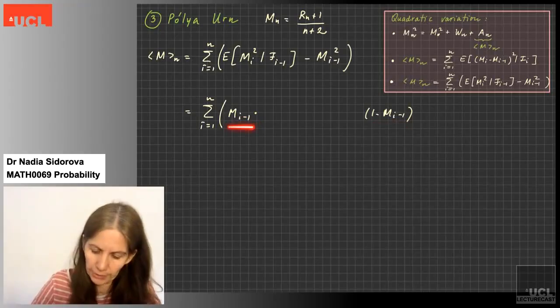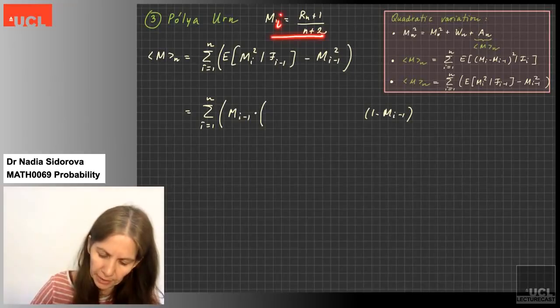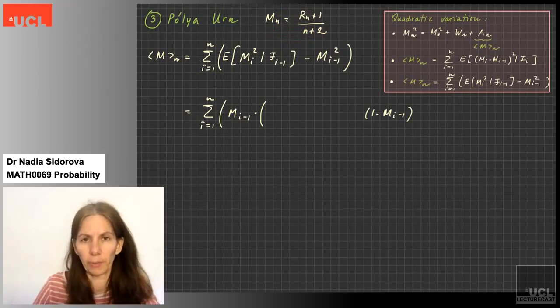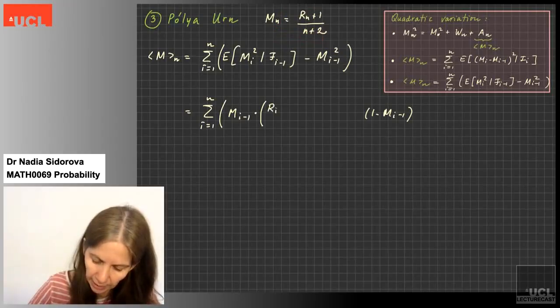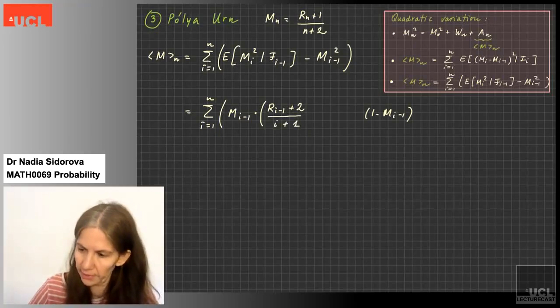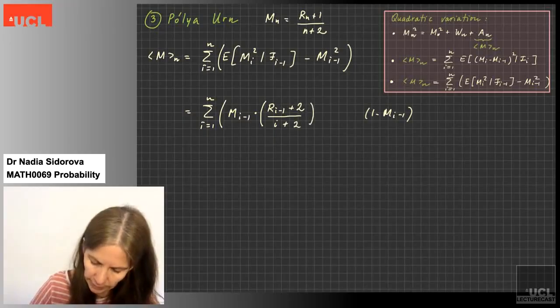Now, if I draw the red ball, then my M_i becomes, so I can create it from this formula, I am thinking about it being for i rather than n. And then I add one ball and I increase the number of balls by 1. So this will give me (R_{i-1} plus 2) divided by (i plus 2), squared.